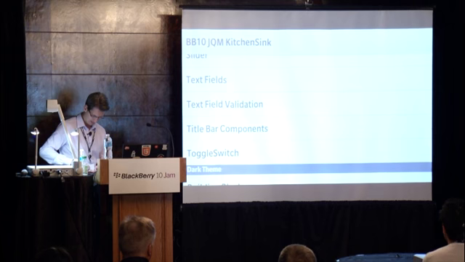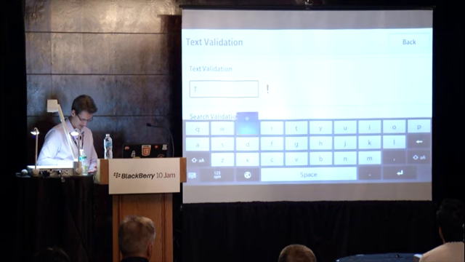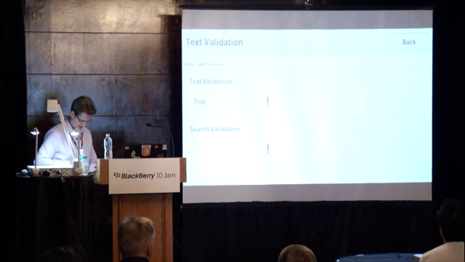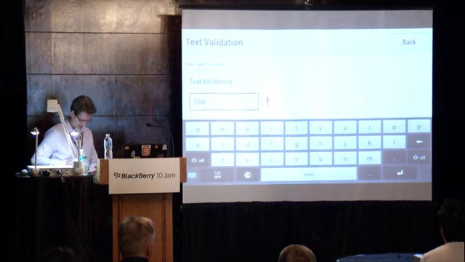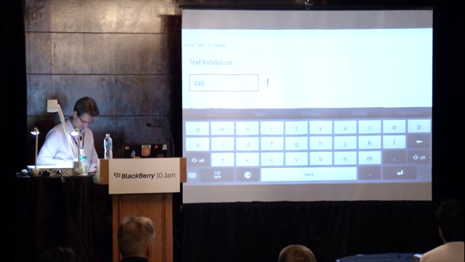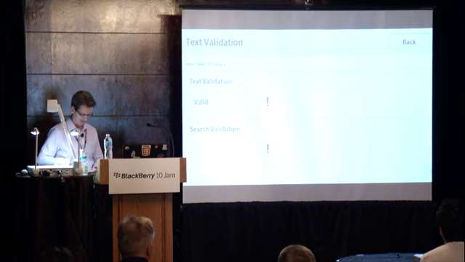Slider, text fields, text field validation. I think we talked about this earlier. So we've got input text, test, enter valid to validate. All right. Okay, so obviously that's not working still.